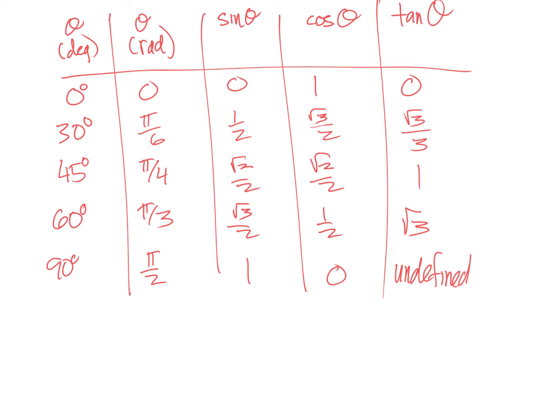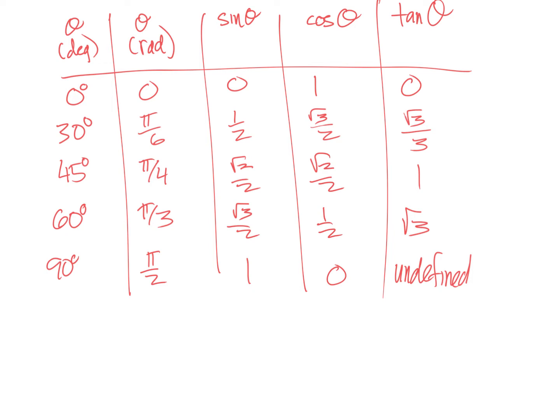You may also notice that sine goes 0, 1 half, root 2 over 2, root 3 over 2, 1, and then cosine goes in the opposite direction. So that's no coincidence.